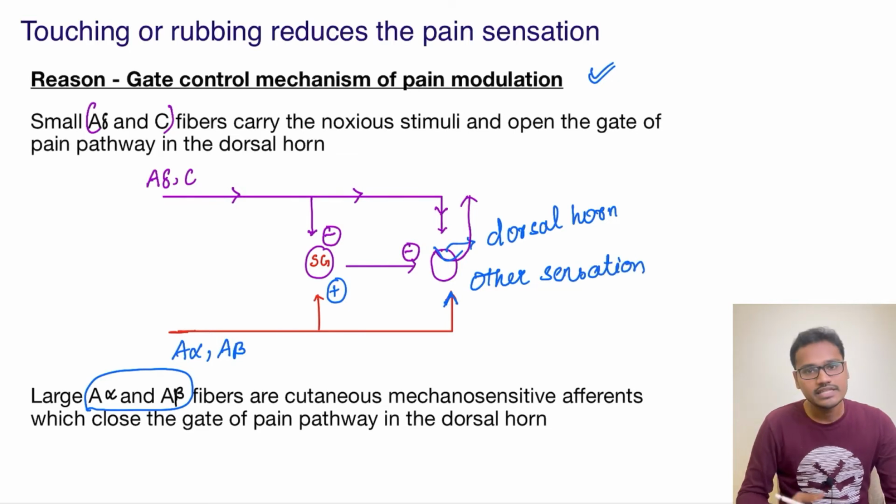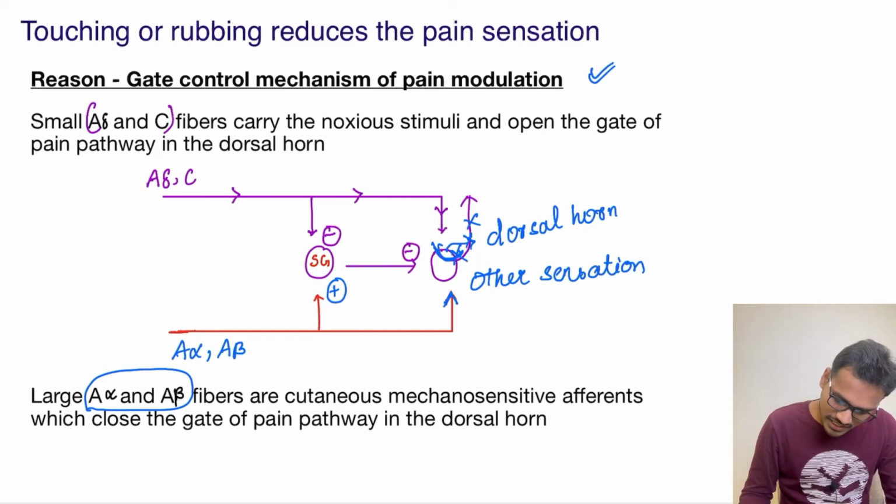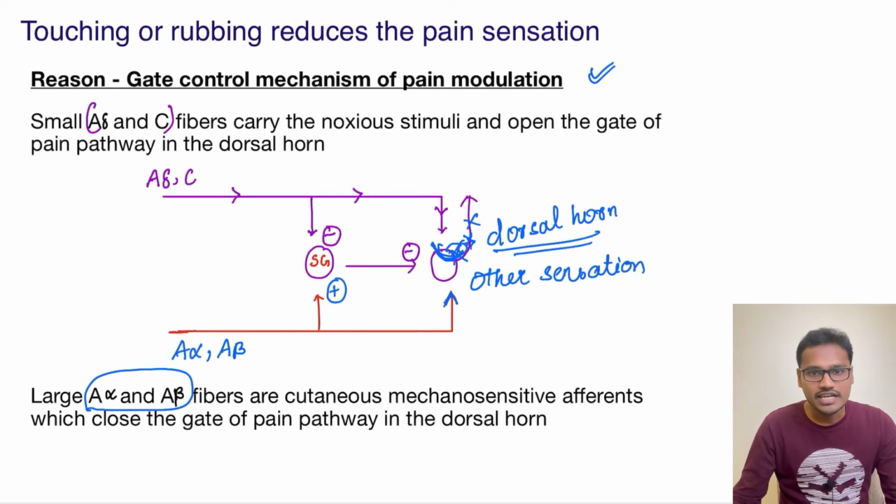So the intensity of the pain fibers which was carried before will get reduced. These mechanosensitive receptors are basically closing the gate of the pain fibers, that is, the pain carried through the dorsal horn.